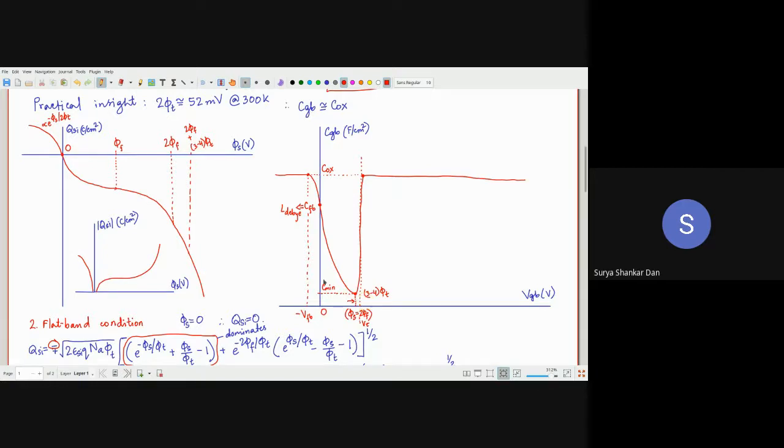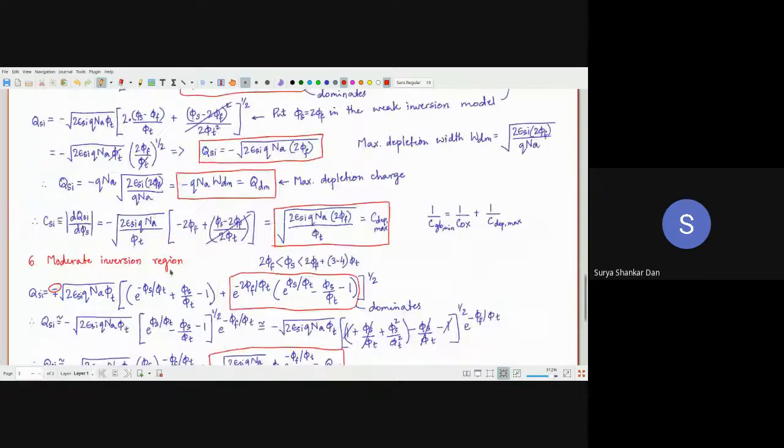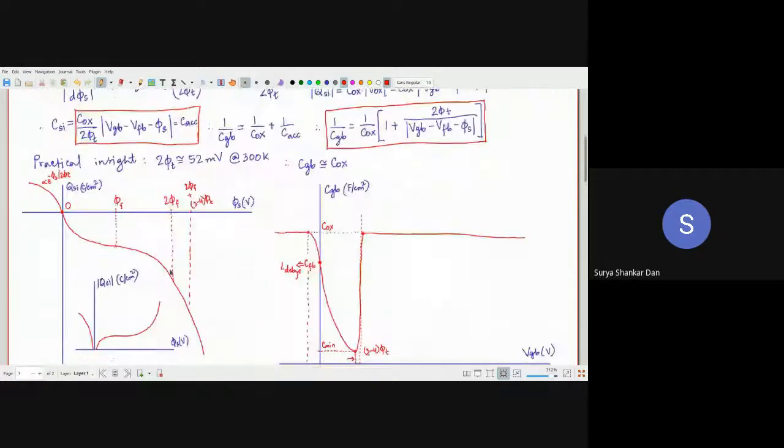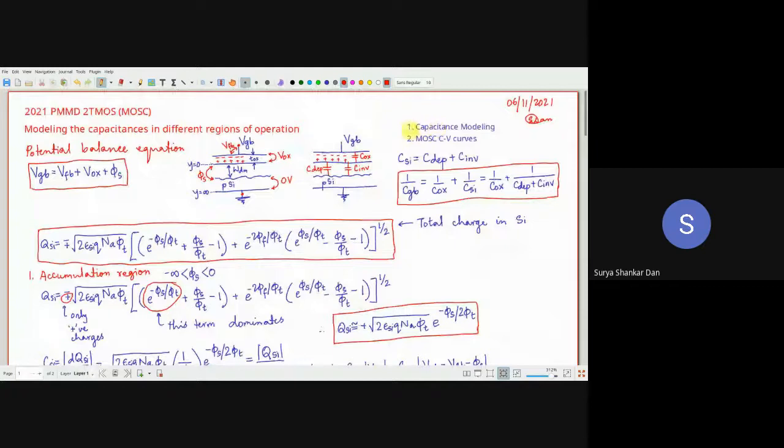Got it? I think time's up. So in the next lecture, what we will do is, so we have done both today. Very, very important class. In the next lecture, we are going to investigate the problems with the MOS capacitor, which we have done over here. Remember, I told you there is a caveat over here.